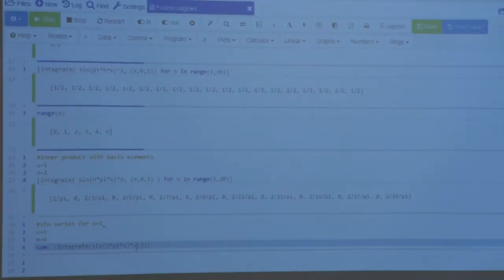Okay, so we're going to integrate this thing from x goes from 0 to 1. All right, and then now we need to divide by, we need to integrate sine of n times pi times x, squared.